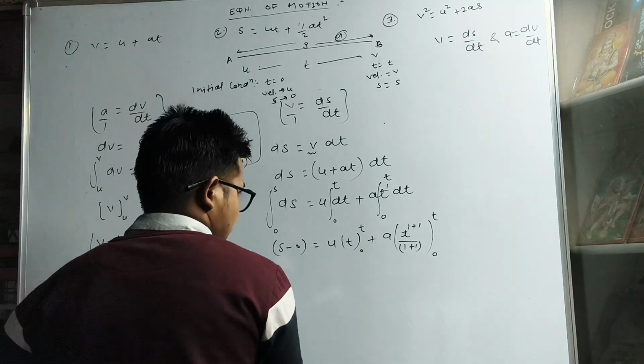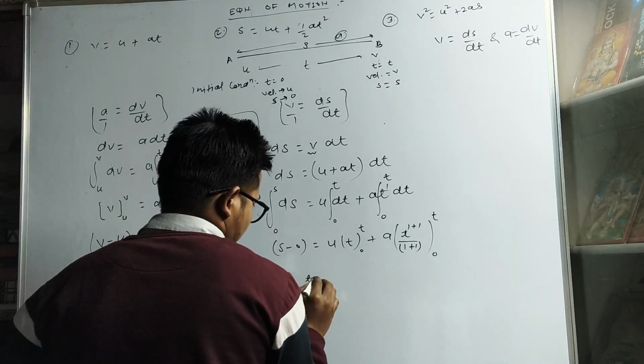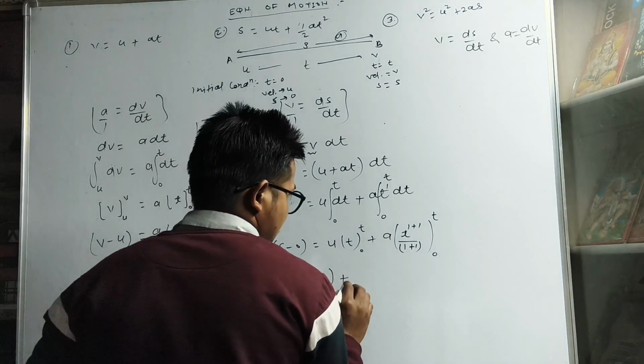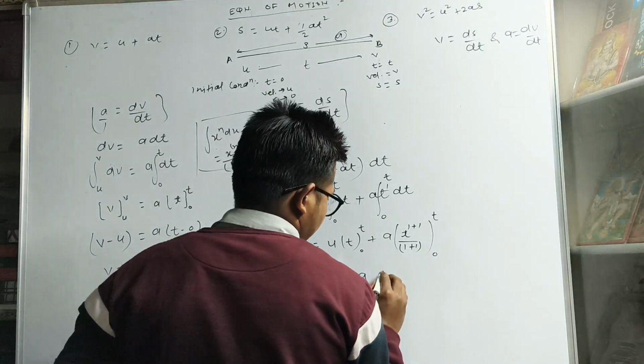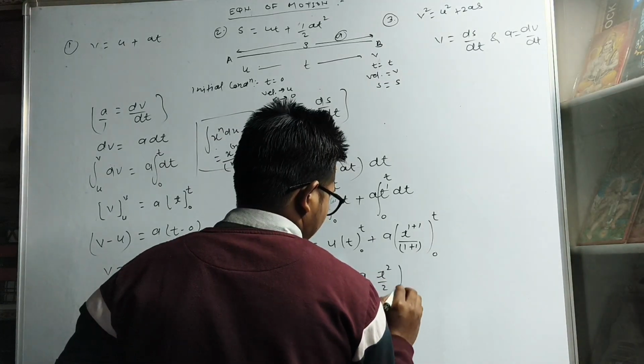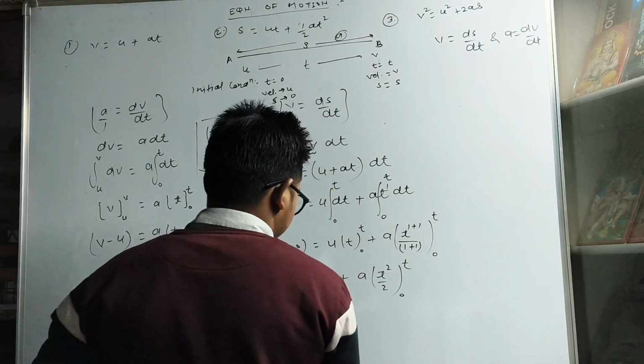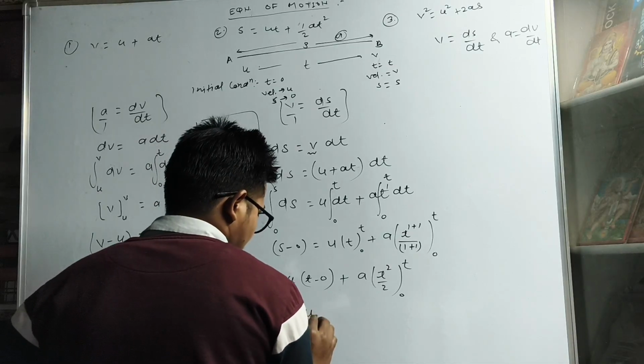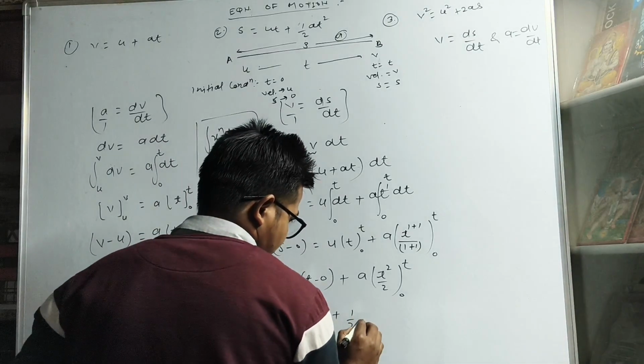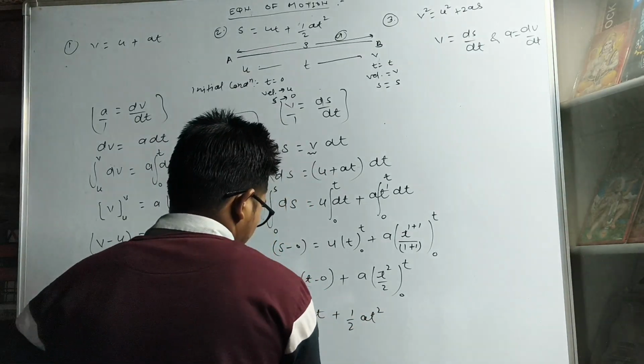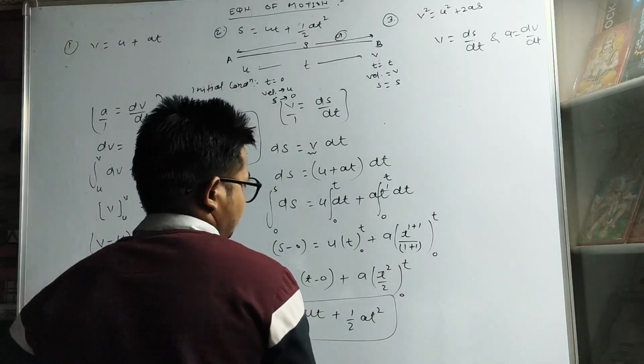This will become s equals ut minus 0 plus a t square upon 2, from 0 to t. So s equals ut plus half a t square. This is the second equation of motion.